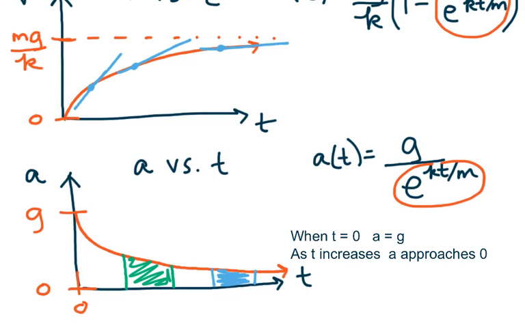What I want you to see is that the change in velocity in blue is less than the change in velocity in green, which means as time goes on, the object is approaching a terminal velocity, or reaching a more stable velocity, and that's what this curve shows us.